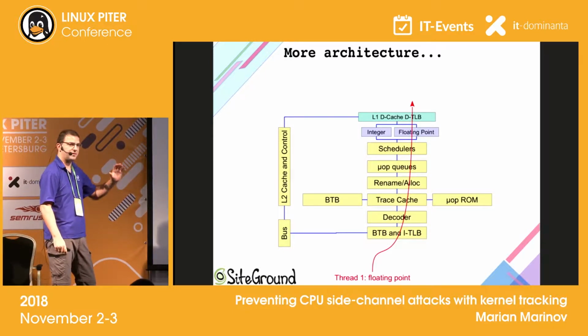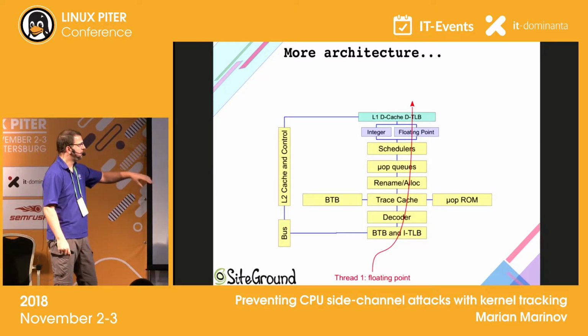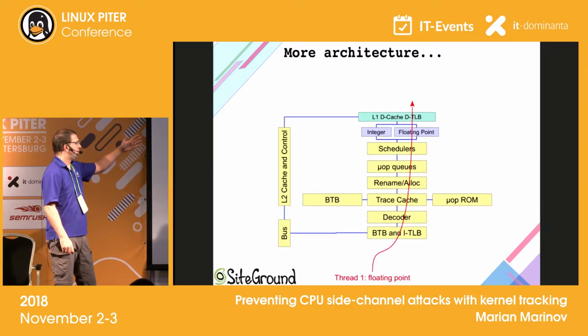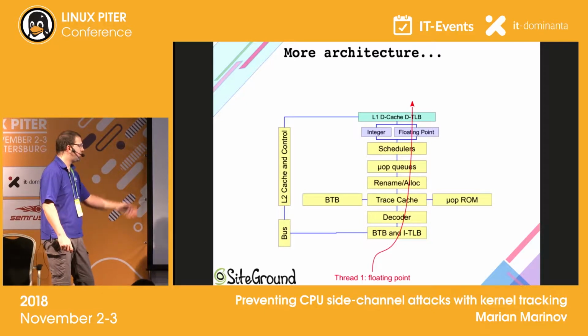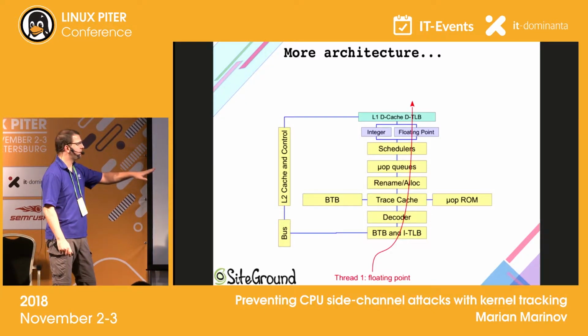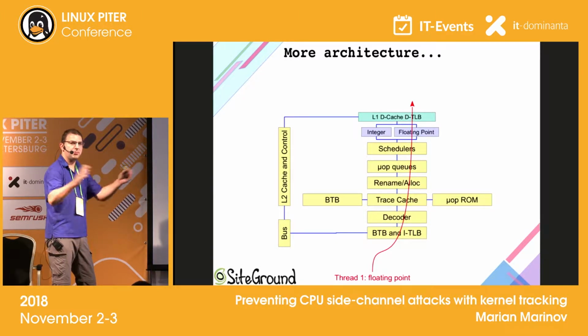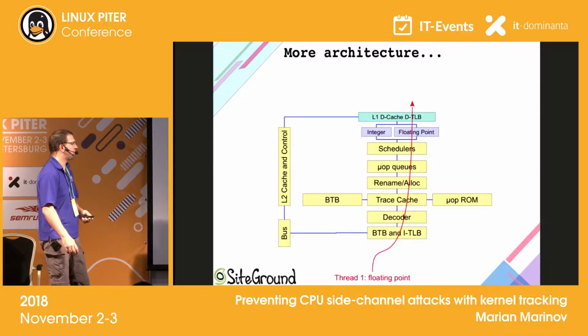And this is a buffer, this is a cache, this is another cache that you have. You have a branch predictor buffer, the BTB, and all the instructions from there go to the decoder, and these are your assembly instructions, your moves, your jumps, this sort of instructions.